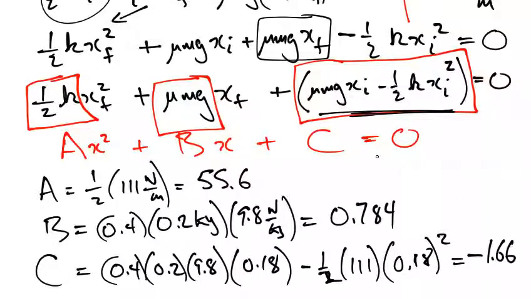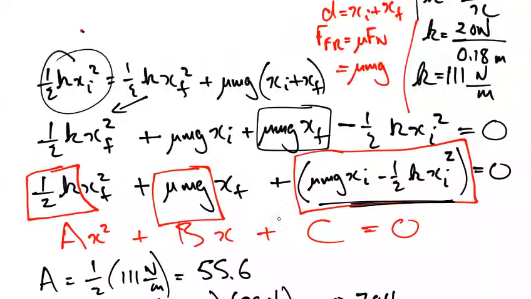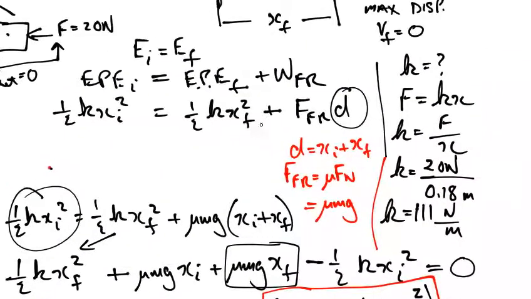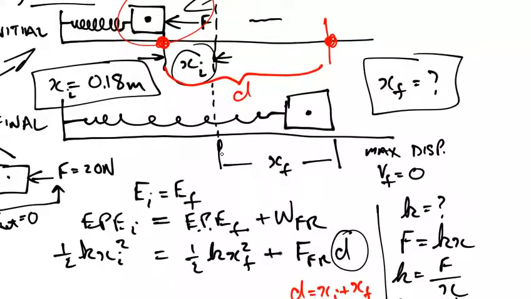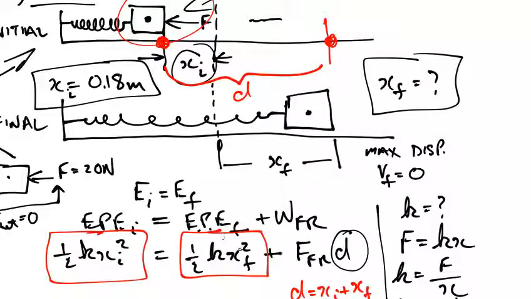The question was, do one of the distances have to be considered as being negative? No, because what we've said initially is that my initial energy is this much energy, and that's a positive amount of energy. My final energy is this much energy, and that's a positive amount of energy.